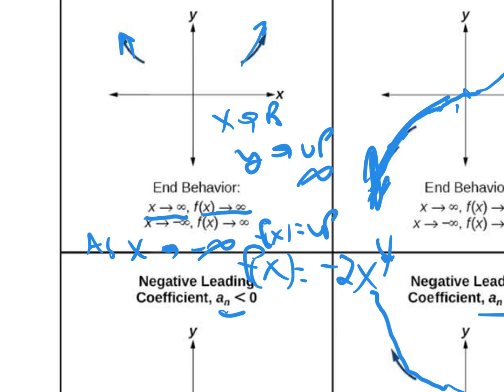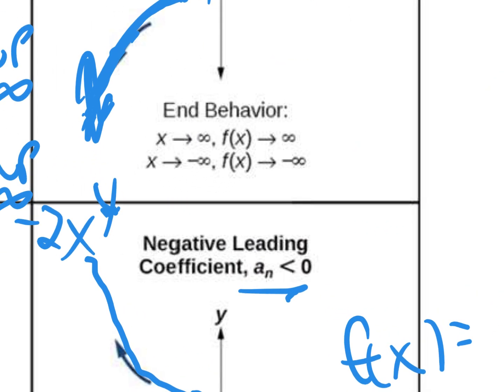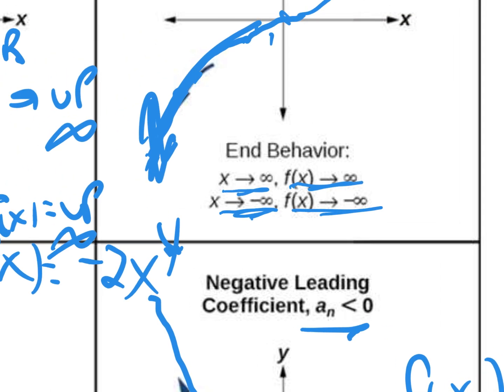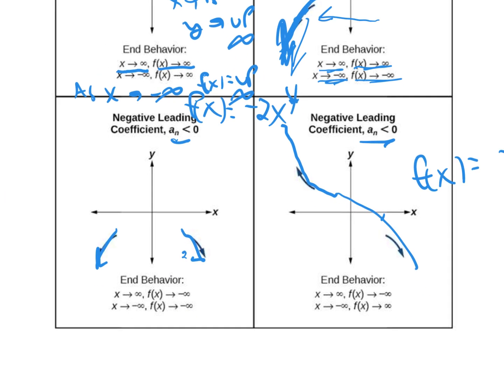I should say infinity, to be honest with you. Why? It goes up forever, so we just say infinity. So as x goes to the right forever, the function goes up forever. As x goes to the left forever, the function goes down forever. That's how you read those.